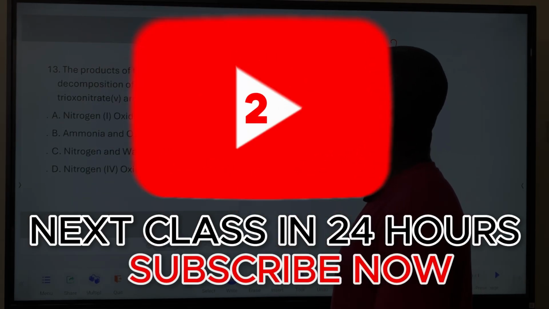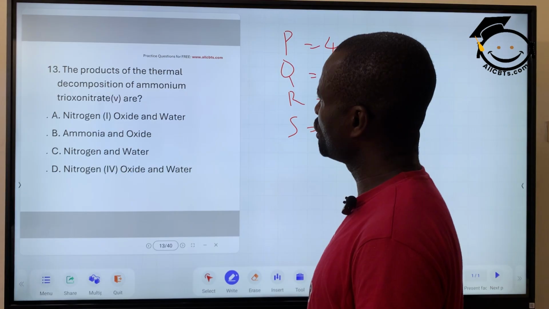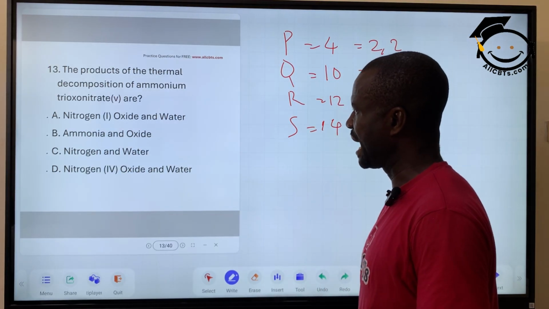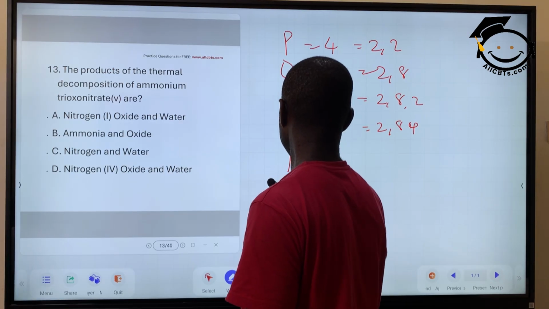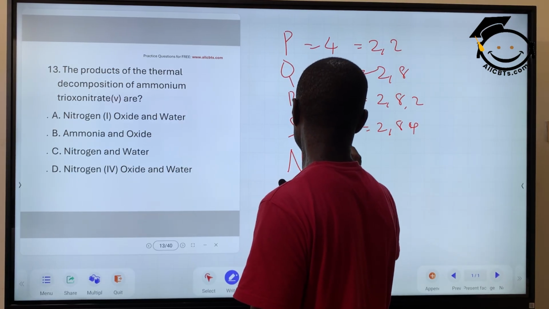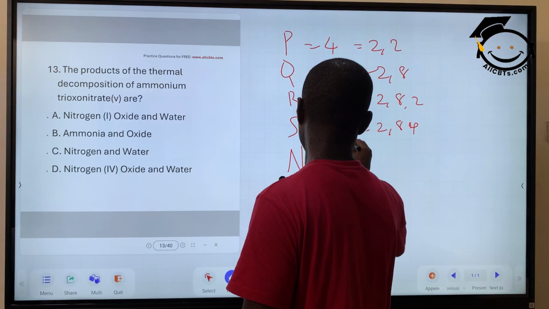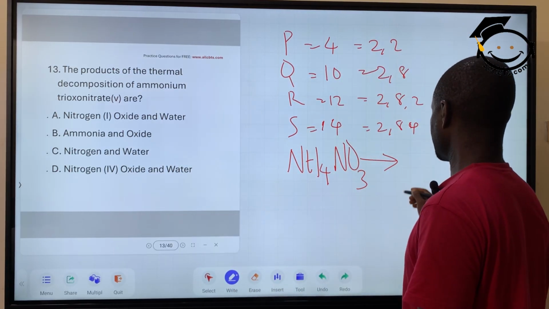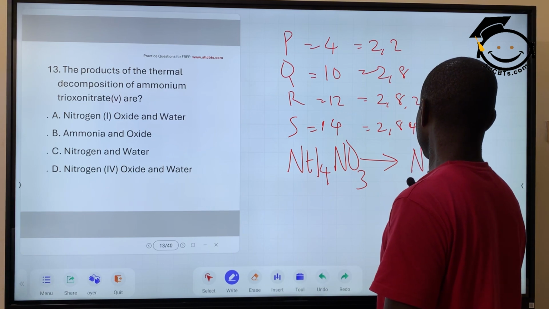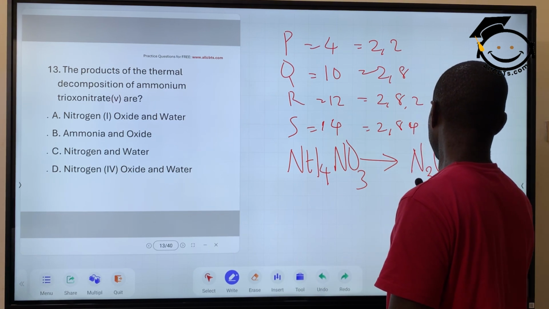The product of thermal decomposition of ammonium nitrate, NH4NO3. If you decompose it by heat, you have N2O plus water.